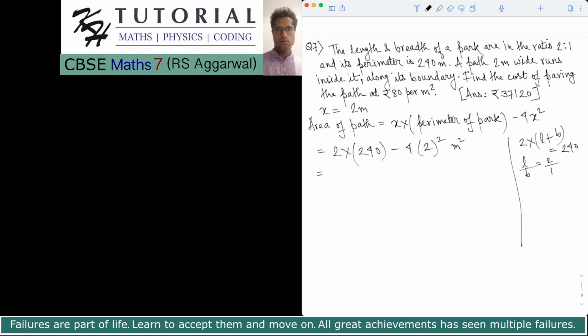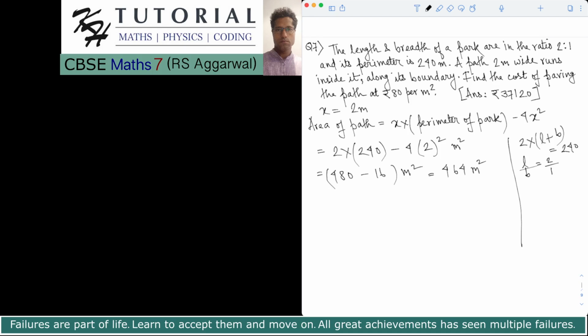So this is equal to 480 minus 4 into 4, which is 16, meter square, which is equal to 464 meter square.